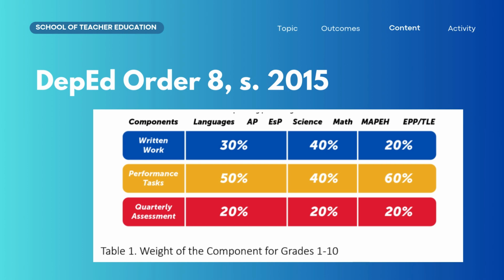It will be different for science and math, and of course for skill-type subjects, which are MAPEH, EPP, and TLE.